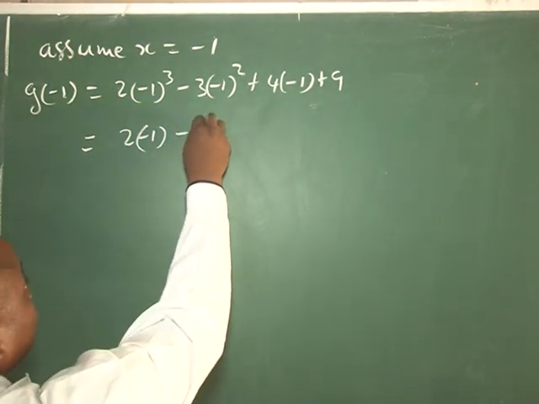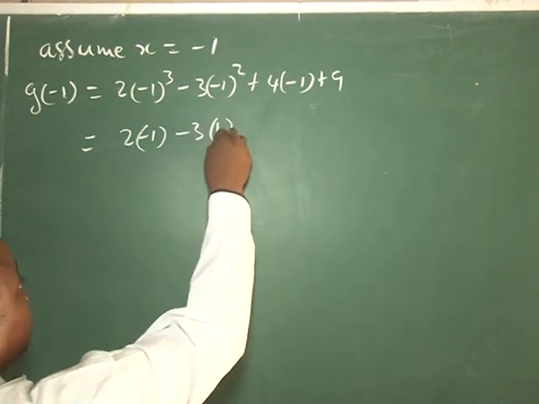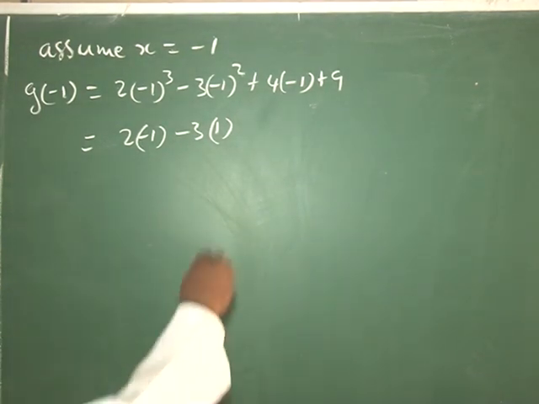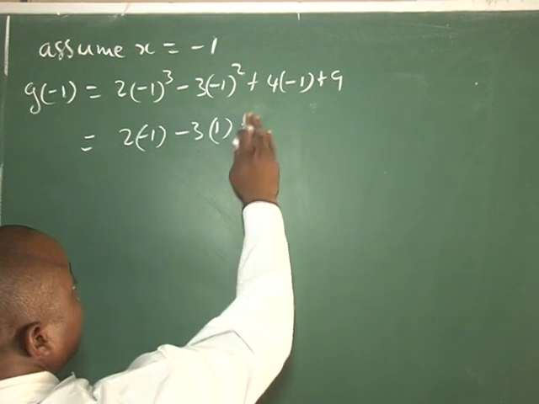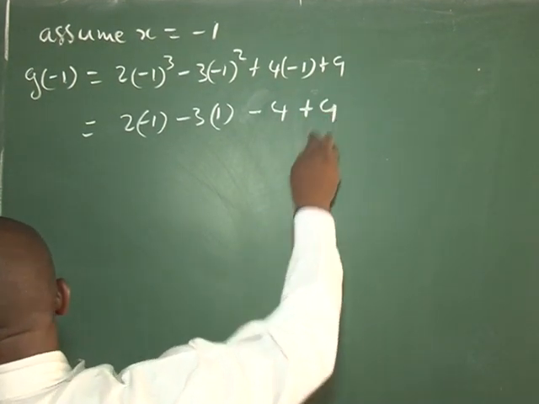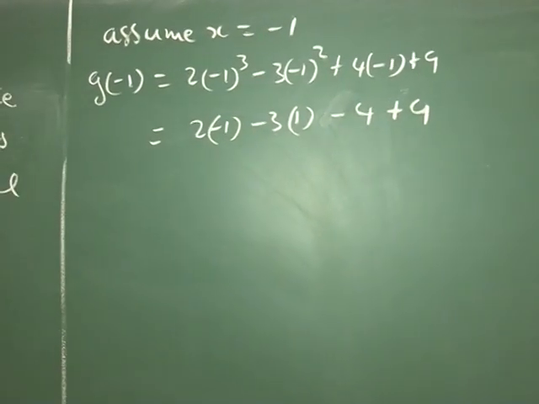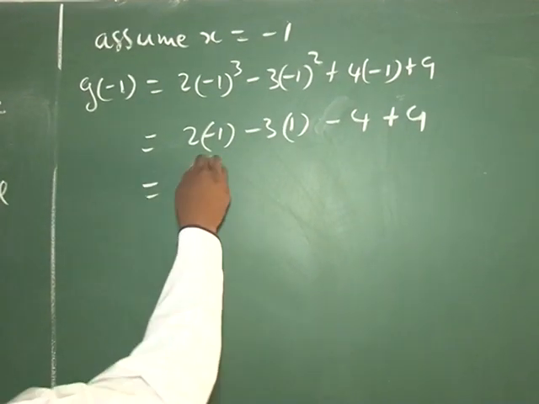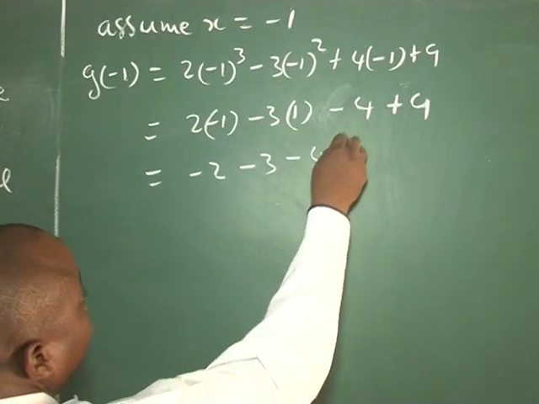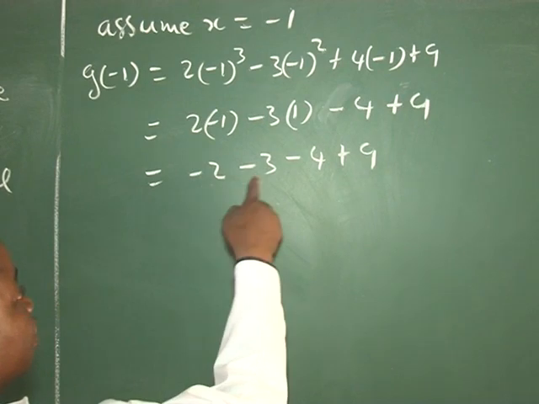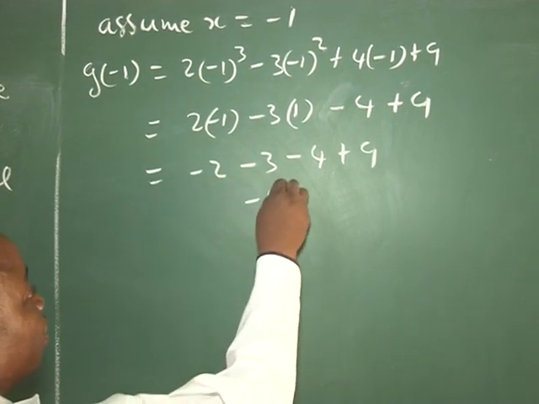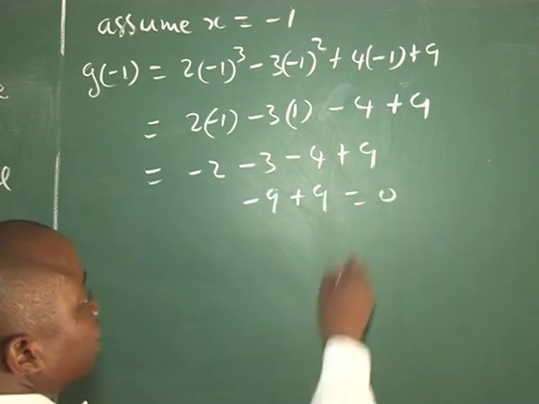Then minus 3 times 1, because minus 1 squared gives us 1, plus 4 times minus 1 gives us minus 4, plus 9. And that will give us minus 2 minus 3 minus 4 plus 9. Minus 2 minus 3 minus 4 is minus 9, plus 9, which is 0.